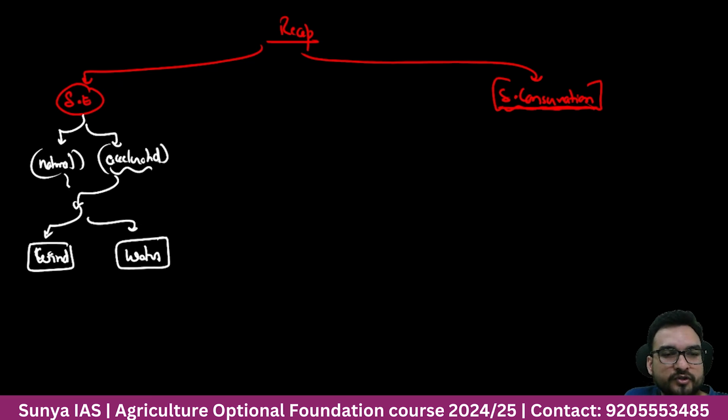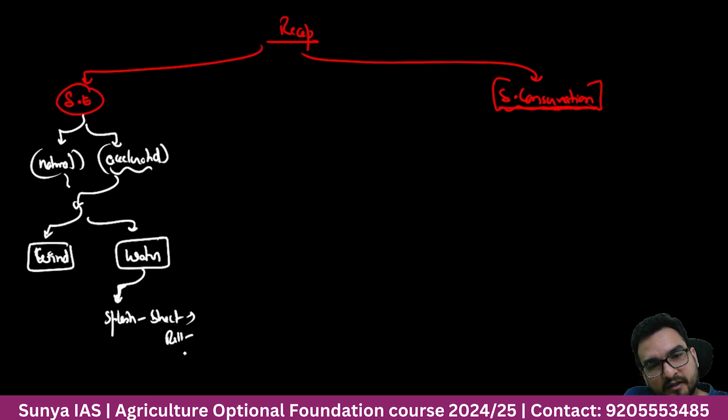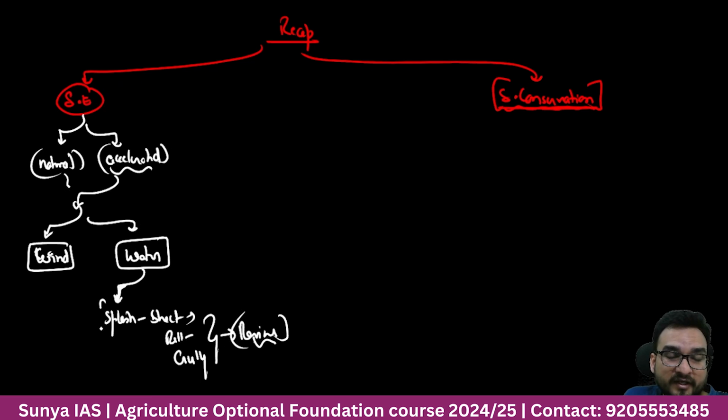Wind erosion and water erosion. Under water erosion, we studied how water erosion happens in the form of splash, sheet, rill, gully, and further converts into ravines.